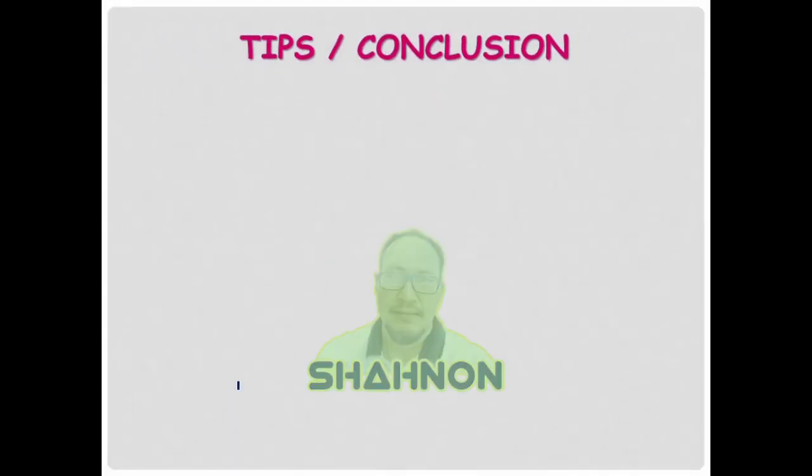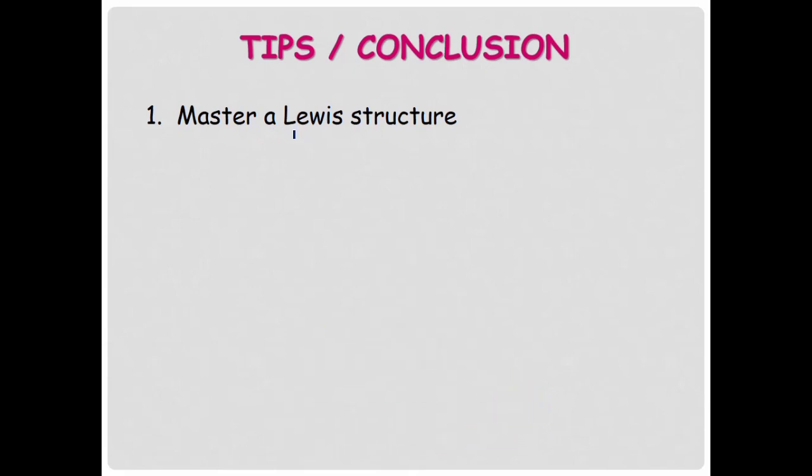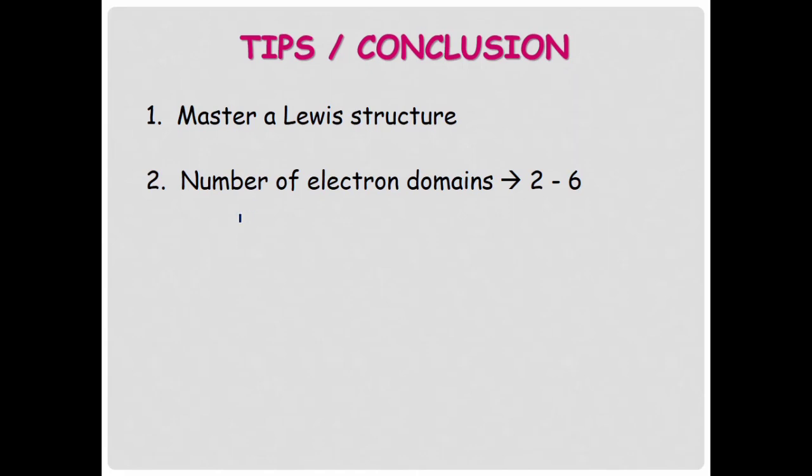Now we come to the conclusion or tips. Number 1, you have to master the Lewis structure. If you write a Lewis structure wrongly, of course you will predict the wrong shape of the molecule. Number 2 is the number of electron domains, which ranges from 2 to 6.